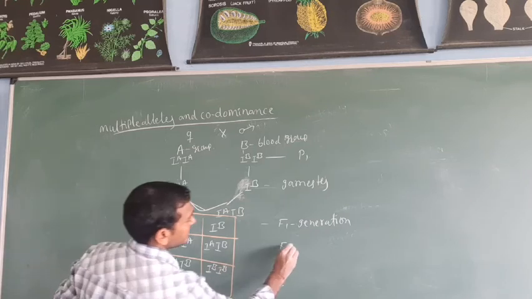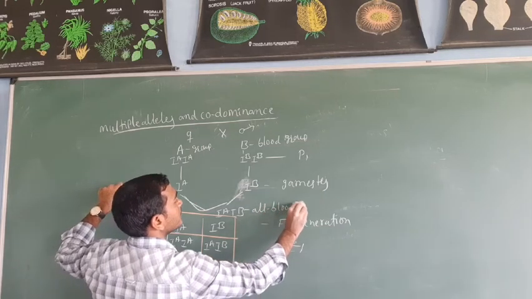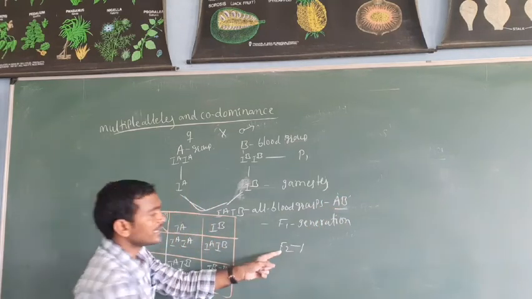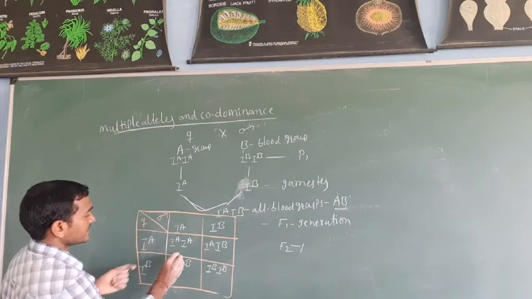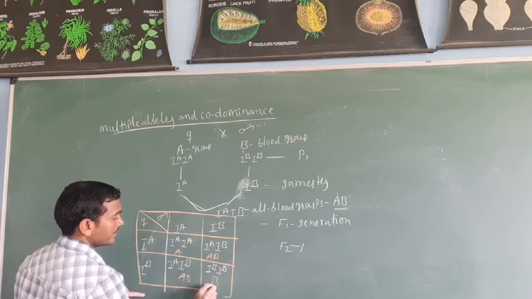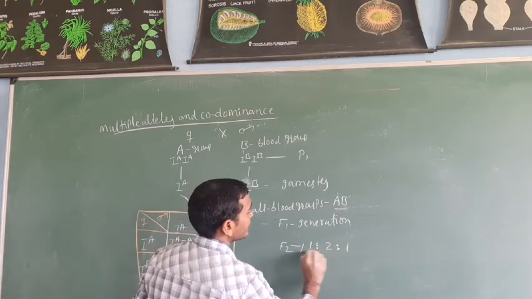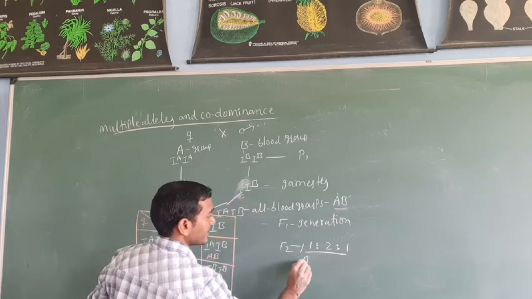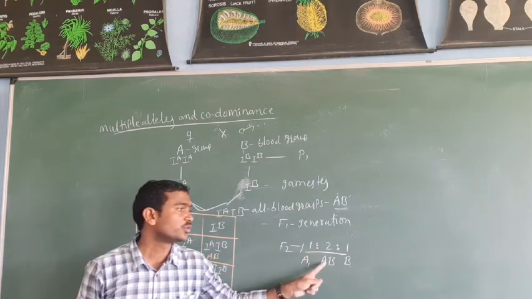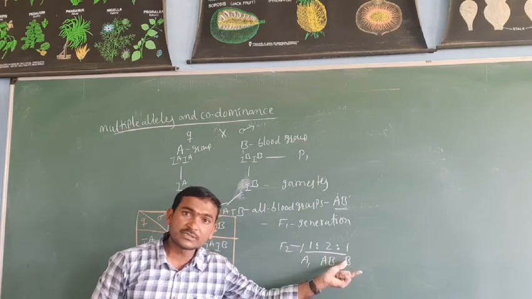In the F1 generation all are AB blood group, but in the F2 generation we get A blood group, AB blood group and B blood group in a 1:2:1 ratio. That is 25% A blood group, 50% AB blood group and 25% B blood group.